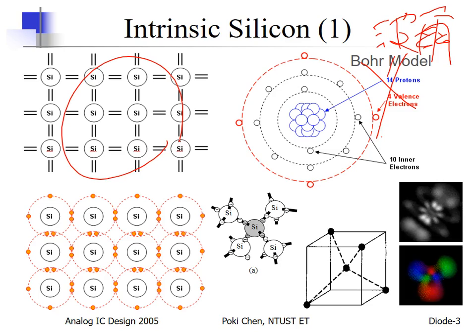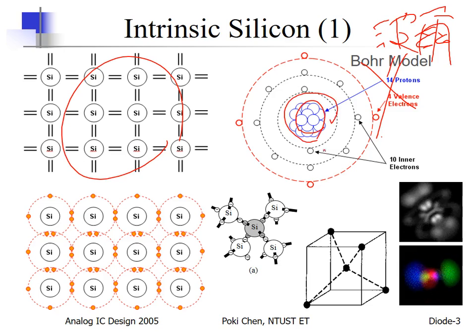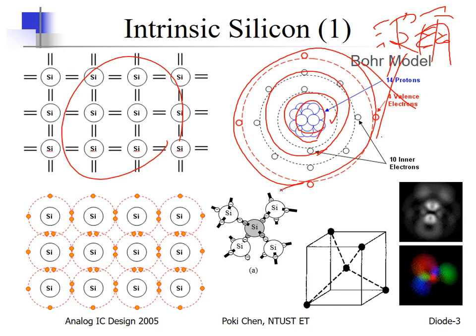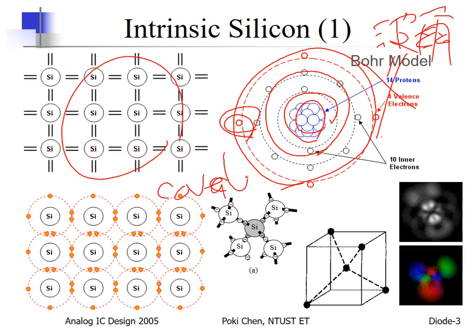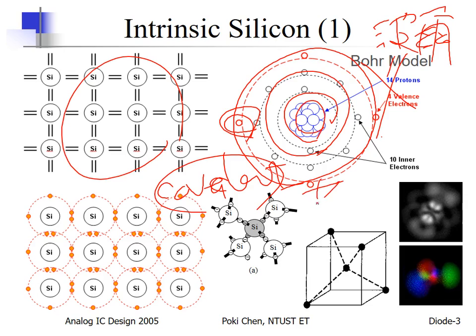For example, as I told you, this is the nucleus, and at the outermost it has 4 electrons to be shared with its neighbors, and these are the so-called covalent electrons.